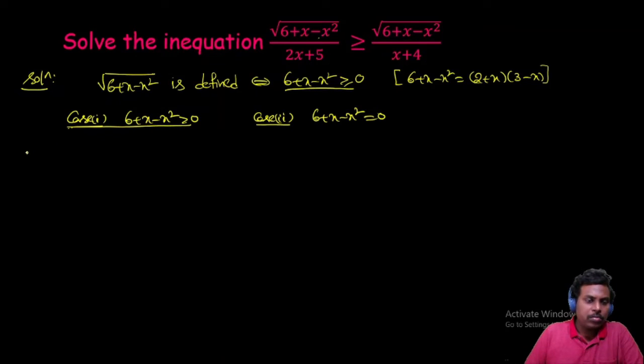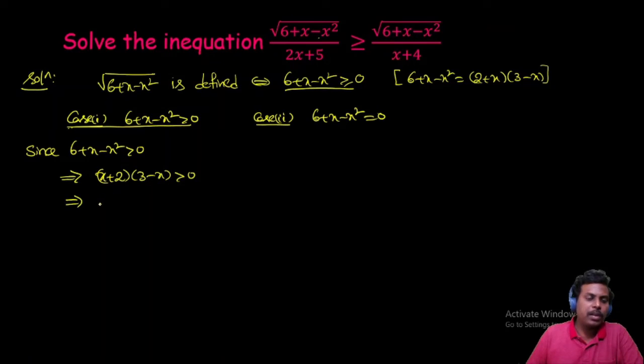So since 6 plus x minus x square greater than 0, this implies x plus 2 into 3 minus x is greater than 0. We have seen a property regarding this. This implies x belongs to minus 2 to 3 actually.